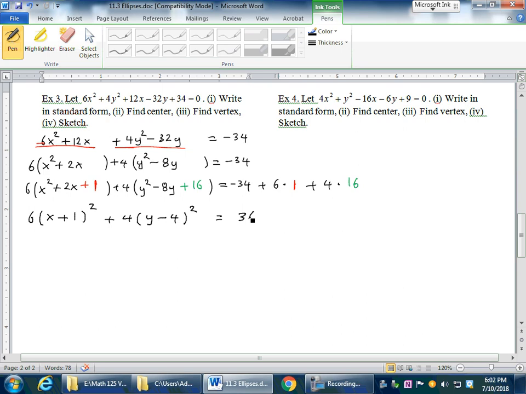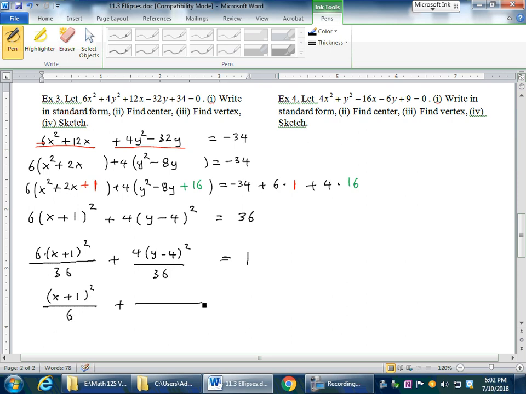Finally, I can divide both sides by 36, because remember, for the ellipse, the right-hand side must be equal to 1. So I divide both sides by 36. This gives me this. Simplifying it, 6 and 36, when you reduce it, it will become x plus 1 to the second power over 6, and then plus y minus 4 squared over 9, that is equal to 1 right here.